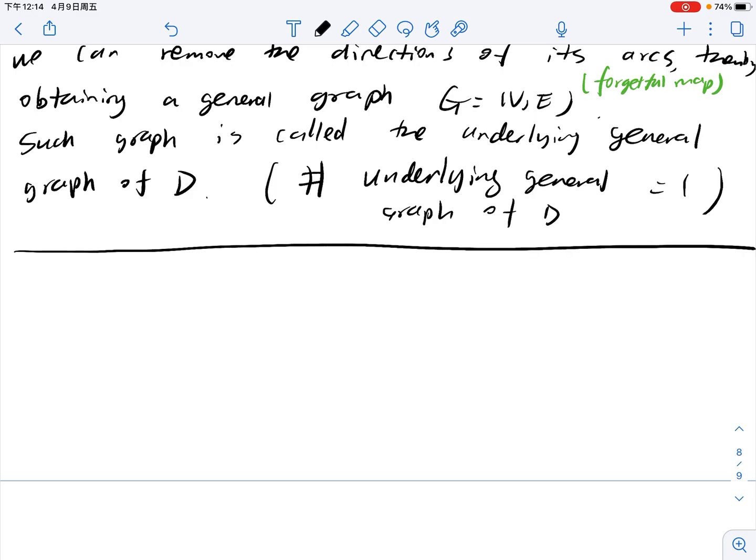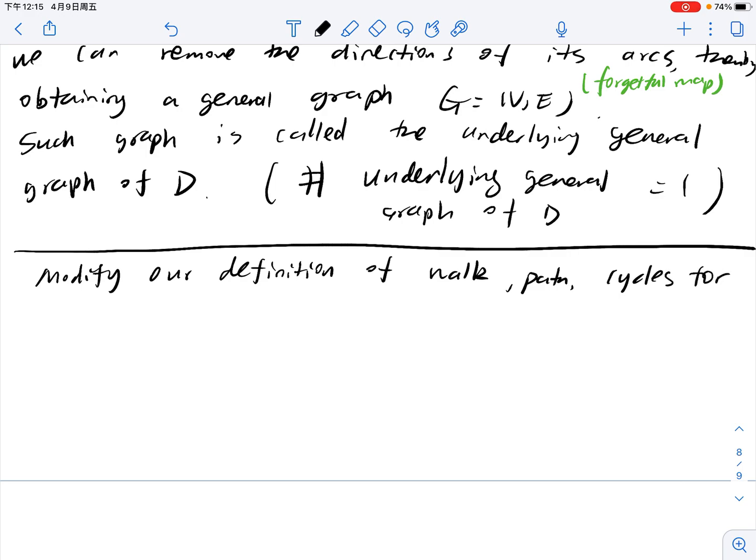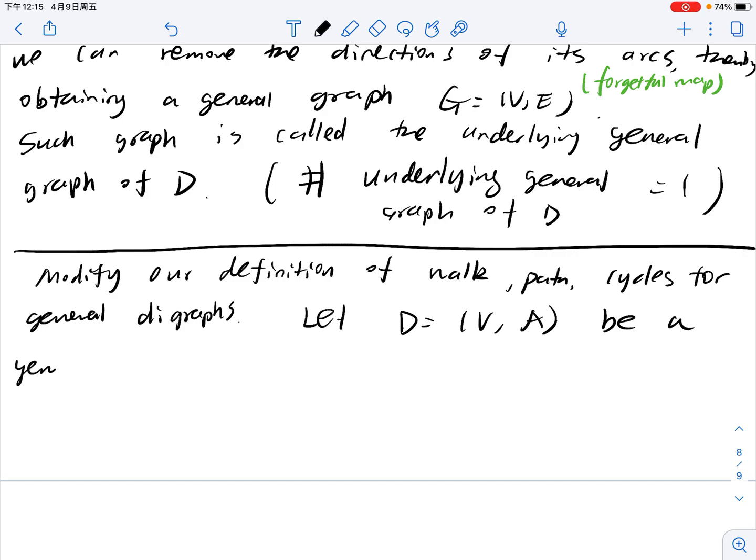And similarly, we can modify our definition of walks, paths, and cycles for general digraphs. So for instance, let D equal (V, A) be a general digraph.